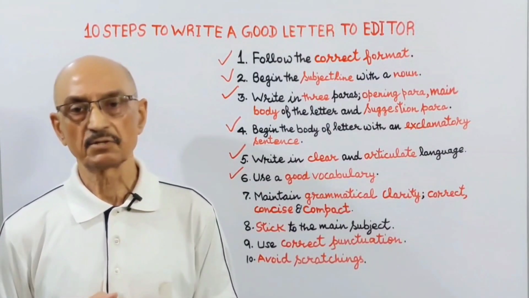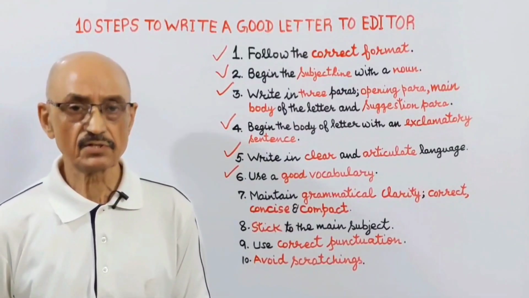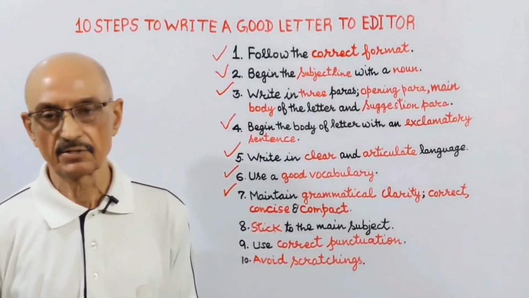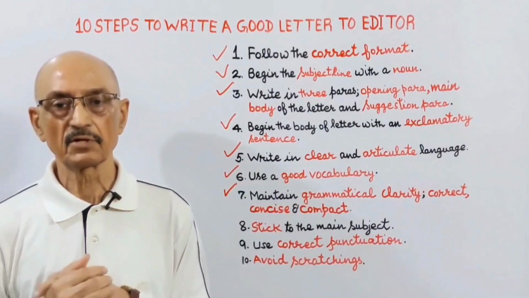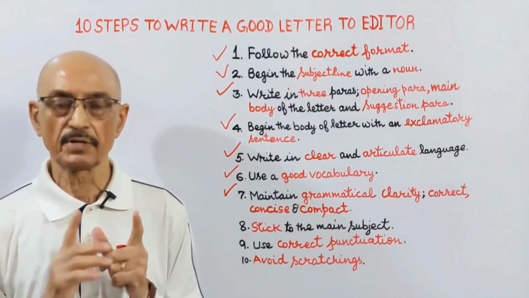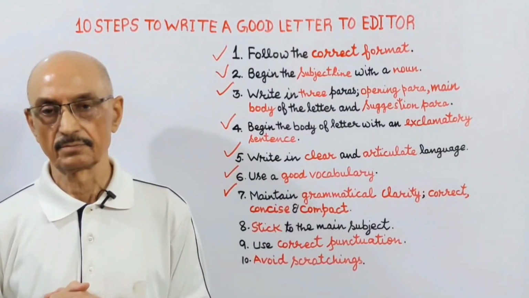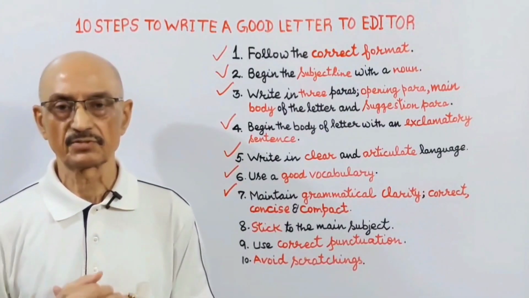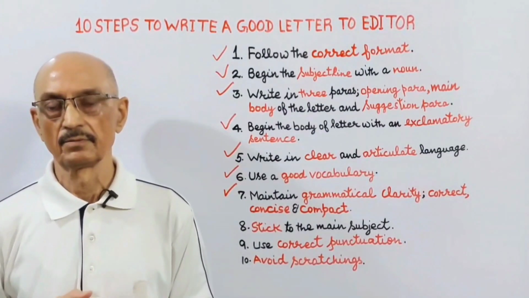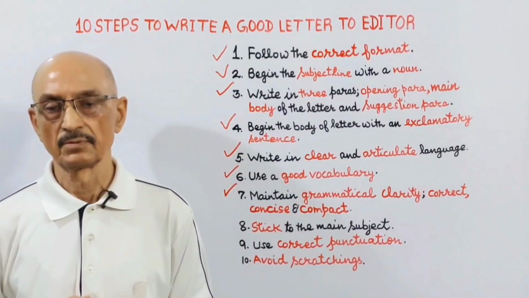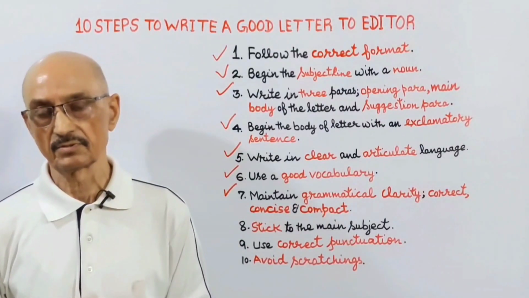The seventh step is maintain grammatical clarity. Whatever grammar you use in that letter should be correct. Mostly you use present tense. It could be simple present, present continuous, present perfect, or present perfect continuous.